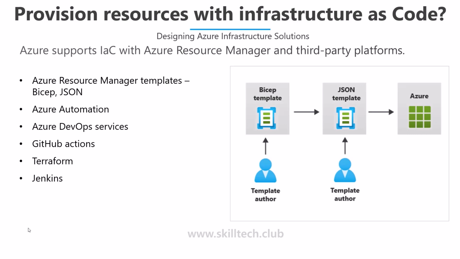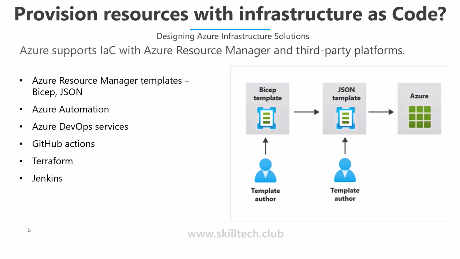You can also integrate with third-party platforms, with things like Terraform and Jenkins with Azure, and then you can include infrastructure as code in your project with that. The most advisable thing is ARM templates, which are available for almost all the resources of Azure Cloud. You can have Bicep templates and JSON templates, which are two different formats of the same template actually.